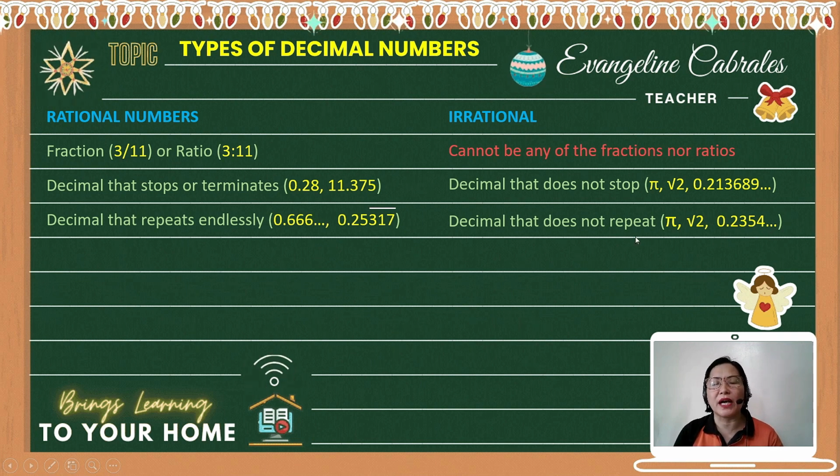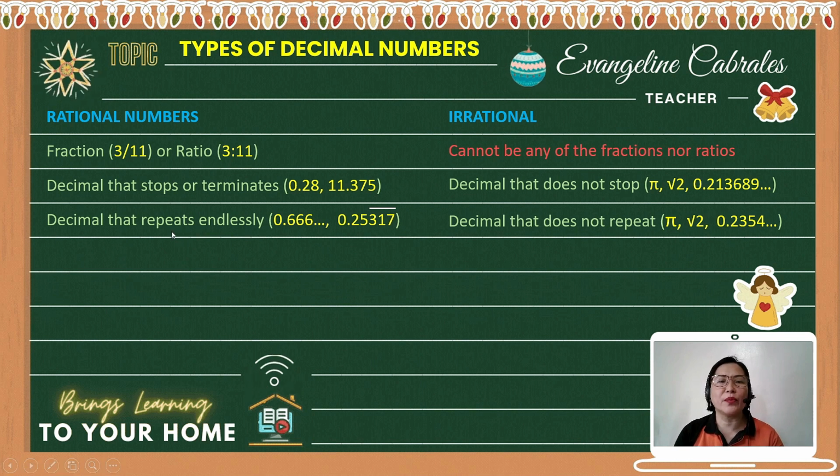So, ano ang pagkakaiba? Sa irrational, walang katapusan. Hindi umuulit. Sa rational, tumitigil at natatapos at maaari ring umuulit, paulit-ulit ng walang katapusan. So, nakita nyo ang difference, ha?